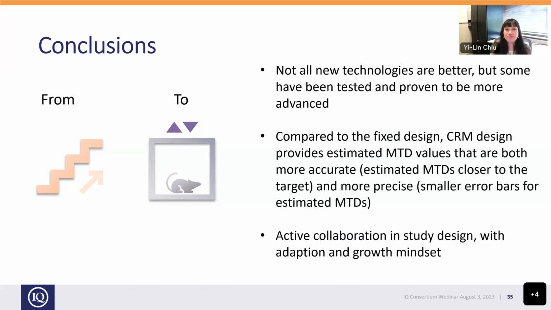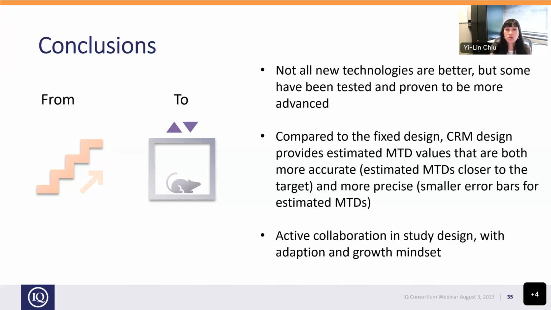So in a nutshell, compared to the fixed design, continuous reassessment adapted design, CRM, provides estimated MTD values that are both more accurate, that means estimated MTDs closer to the target, and more precise, smaller error bars for estimated MTD.